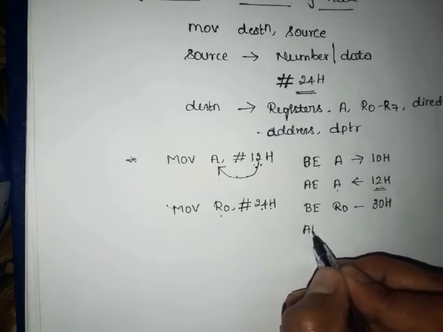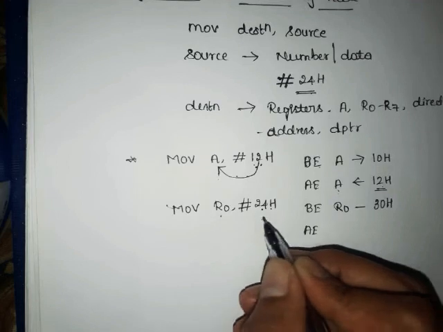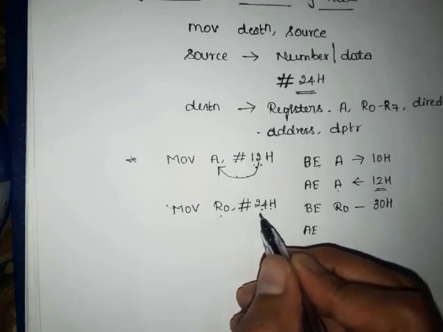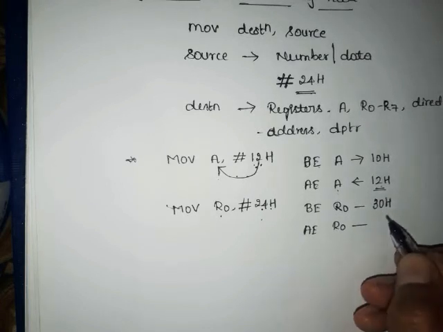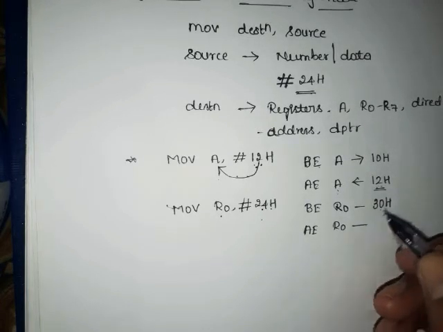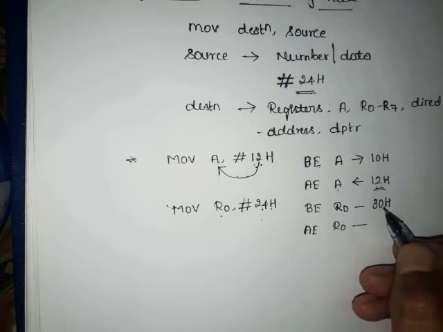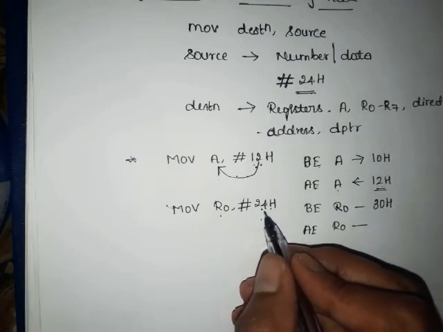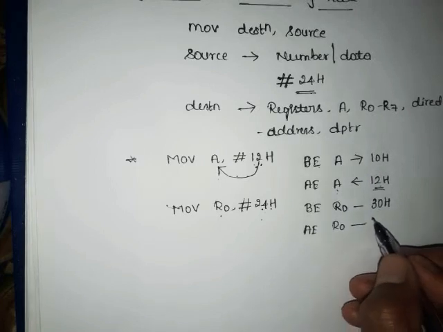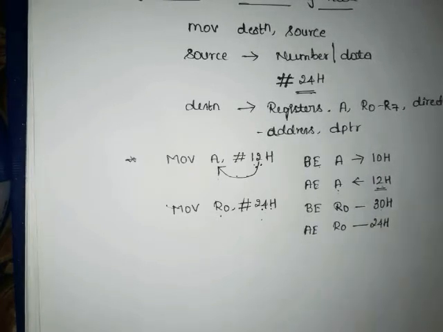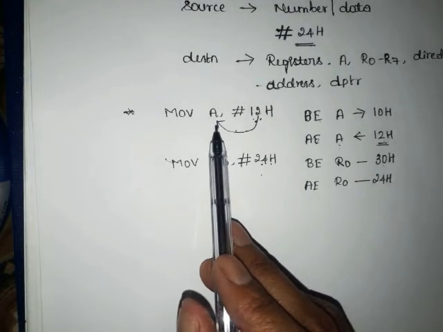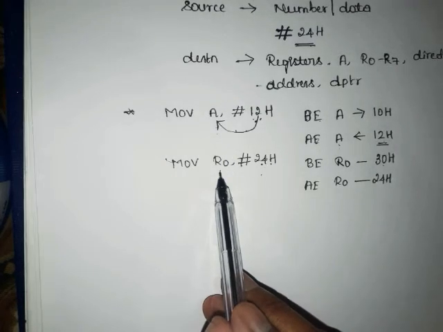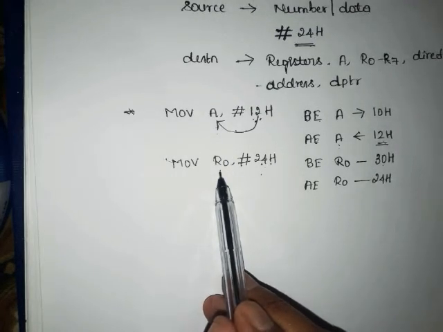After execution, whatever data is present in the instruction, that is 24H, will move to the register. That means whatever data was present before execution has been replaced by 24H. This is another type of immediate addressing mode. Here we have an accumulator as a destination, and here a register as a destination.